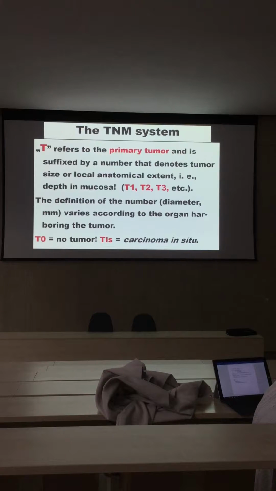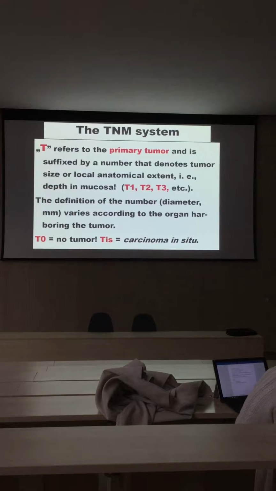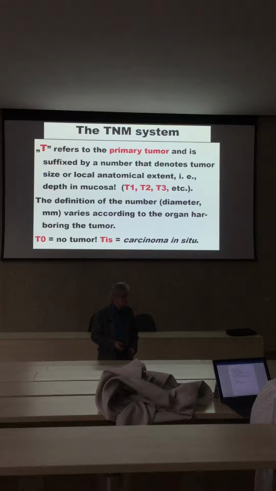And it is very, very important that the numbers suffixed to the T are different if it's a tumor of the lip, just to use the same example as I used for grading, or if it's in the colon.